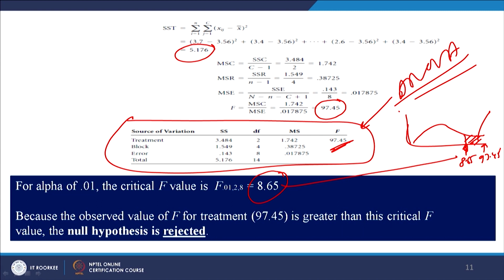It means that at these 3 different speeds tread wear are different, mean number of tread wear are different, right. So, we have rejected null hypothesis, right.